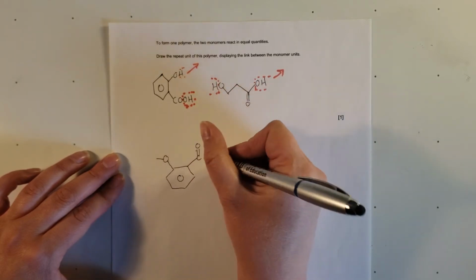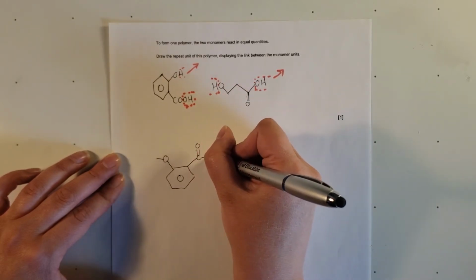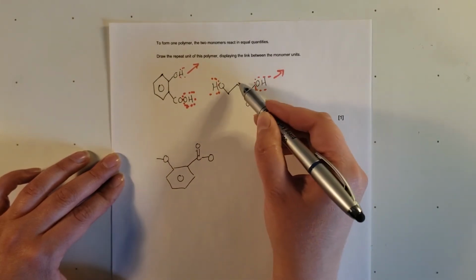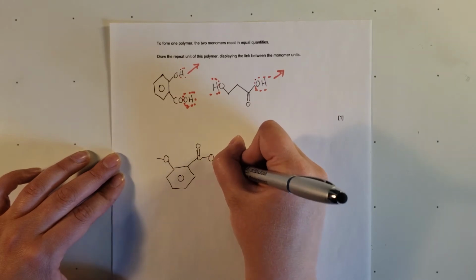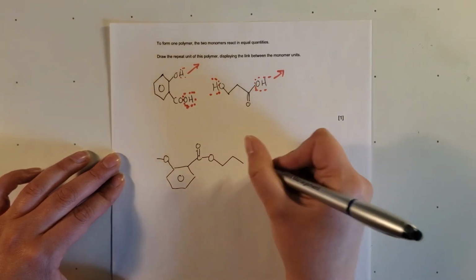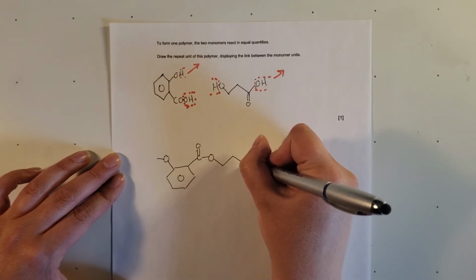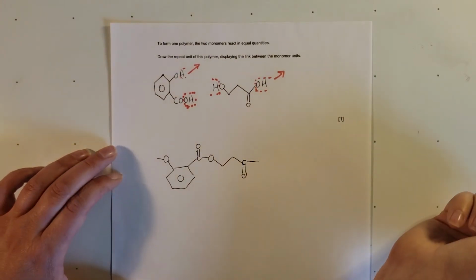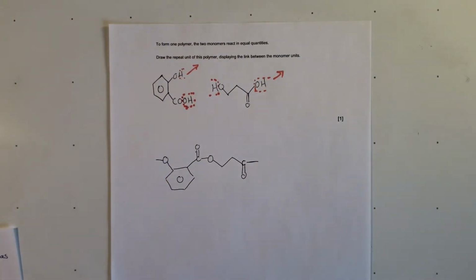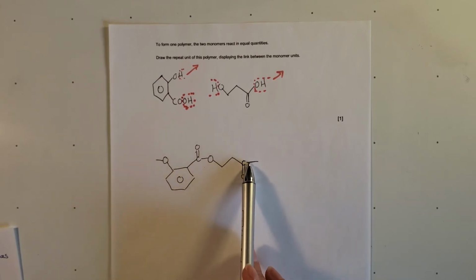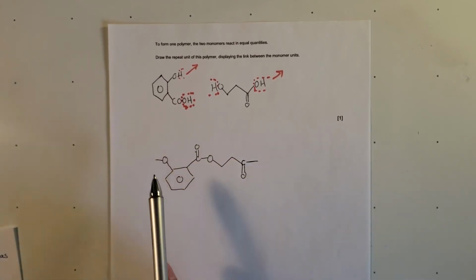We're going to link it to that oxygen, which is then bound to 1, 2, 3. I'm going to draw that C2, and that's where we're continuing. Okay, so we've shown our ester link, and we've shown that our chain continues on that carbon there, and it will continue on that oxygen there.